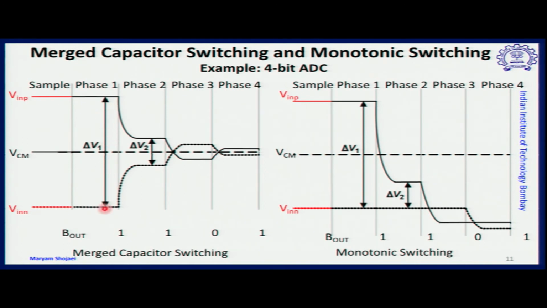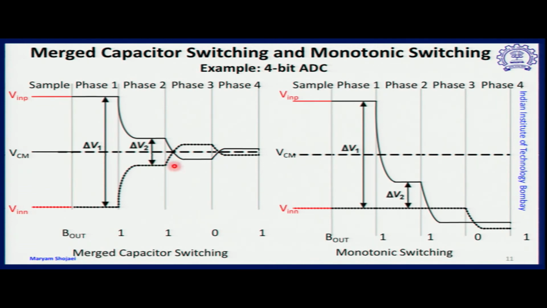Because V in P is more than V in N, the corresponding level will reduce for V in P, and the corresponding level for V in N will increase. And therefore, the region of search is reduced to delta V2.